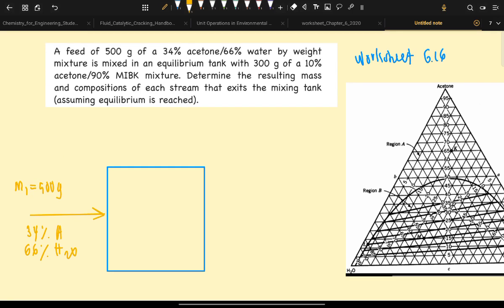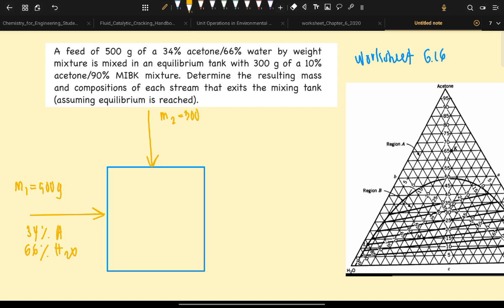And then the next sentence is with equilibrium tank with 300 gram of 10% acetone, 90% of methyl isobutyl ketone, MIBK mixture. So kat sini adalah yang kedua.